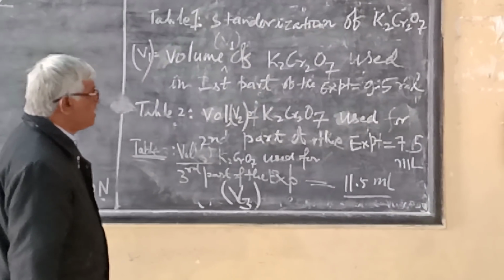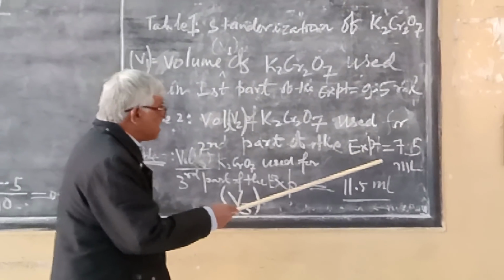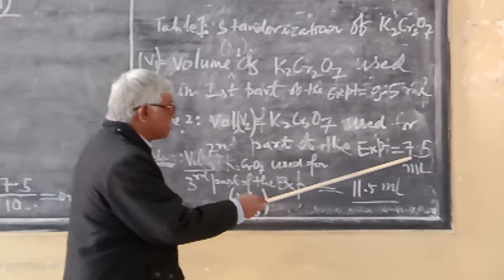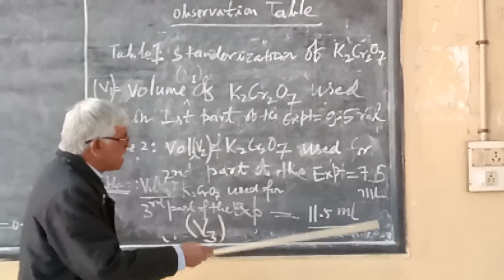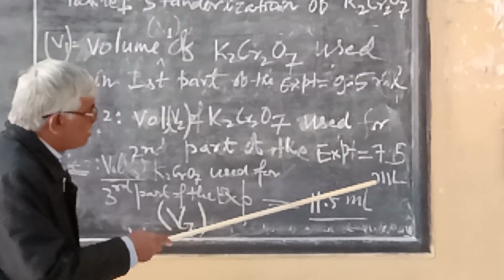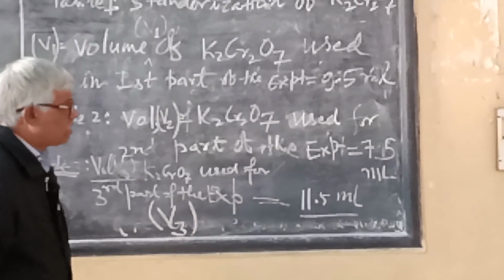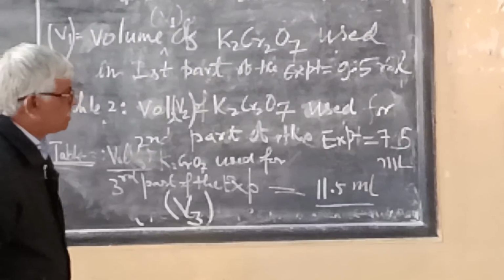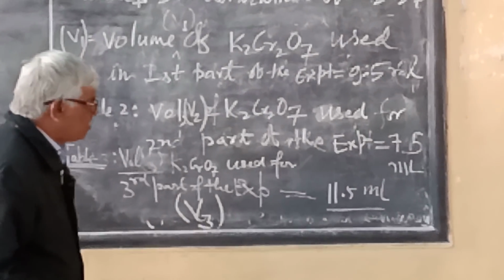Here one thing is very important. After titration in the second part, we have used zinc dust and concentrated sulfuric acid. As you saw in the earlier chemical reaction, Fe3+ is present in the second part, and when we use the zinc dust, that Fe3+ is converted again to Fe2+.